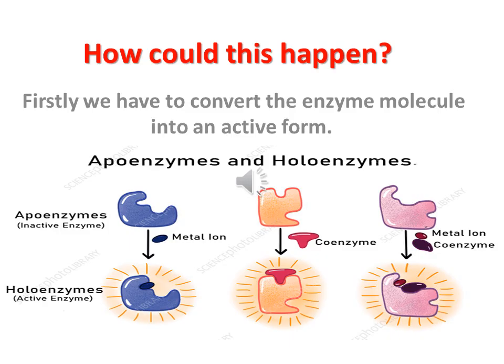The cell converts the apoenzyme into holoenzyme by cofactors in three ways. A cofactor may be a metal ion, or a coenzyme, or a metal ion and a coenzyme. Metal ions and coenzymes are cofactors which convert the apoenzyme into holoenzyme to be in active form to enter the biochemical reaction.